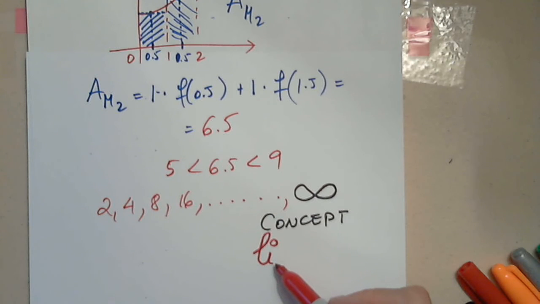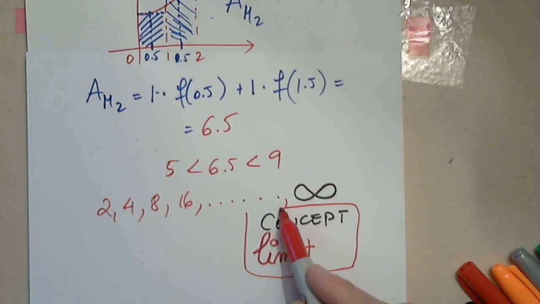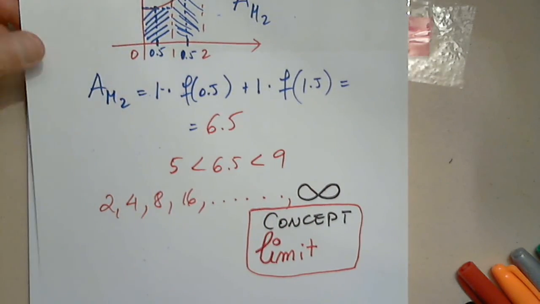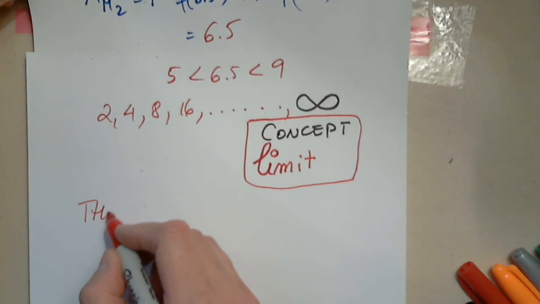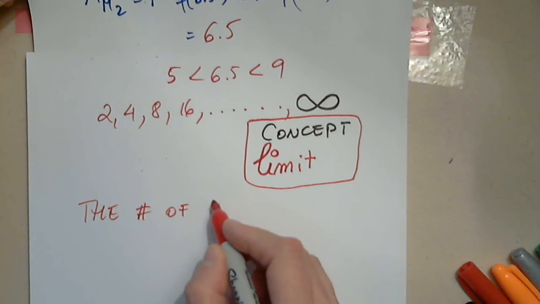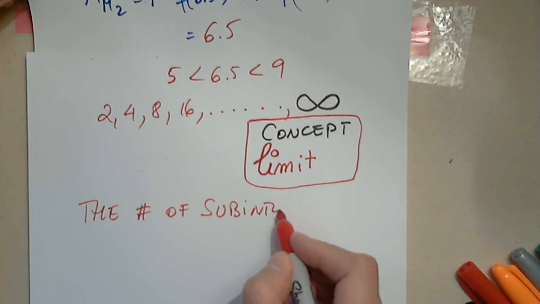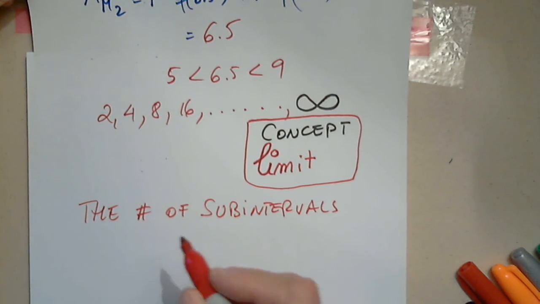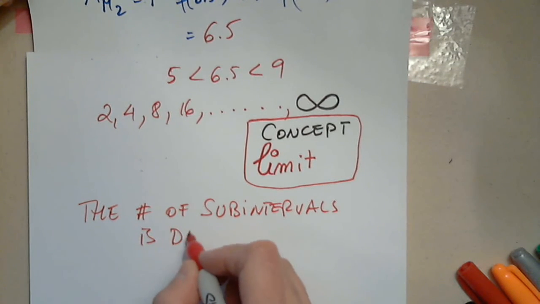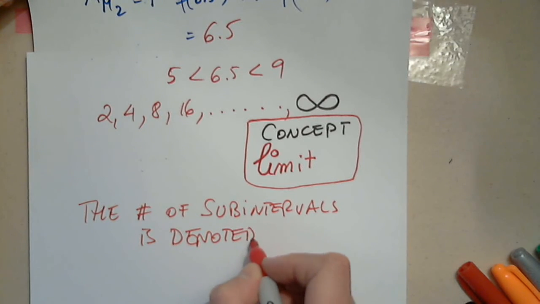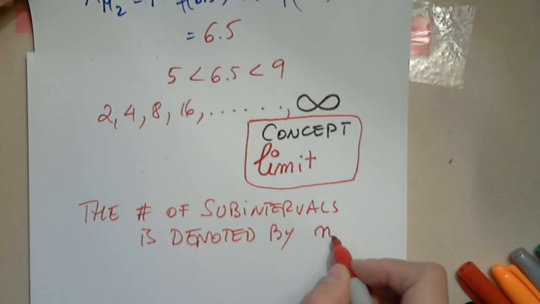What operator took us to infinity? The limit. Thank you. This is the concept of the limit. So the number of subintervals is denoted by lowercase n.